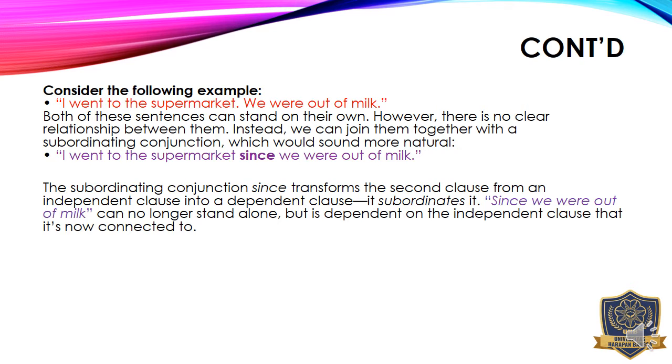So the sentence, I went to the supermarket since we were out of milk, consists of two clauses: independent clause, I went to the supermarket, and dependent clause, since we were out of milk. If you write only the dependent clause without an independent clause in your sentence, your sentence becomes meaningless.